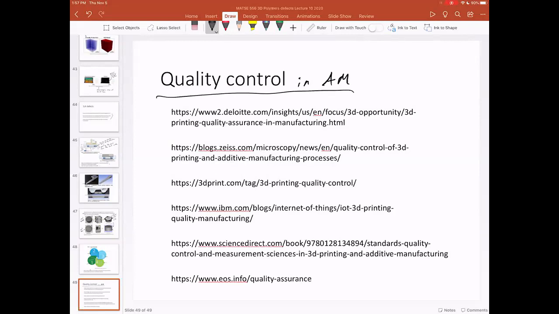And so these are just some references. You can look at this. We're not going to go deep into, say, standards quality control and measurement sciences, or what IBM has to say about Internet of Things and quality control. But these are some references to help you in the future if you dig into this quality issue.